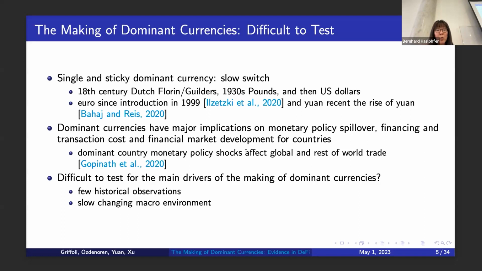If we know the features of a dominant currency, it would be informative for the design of CBDC in the future.